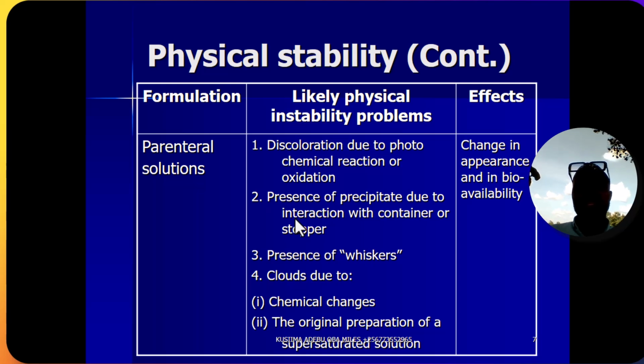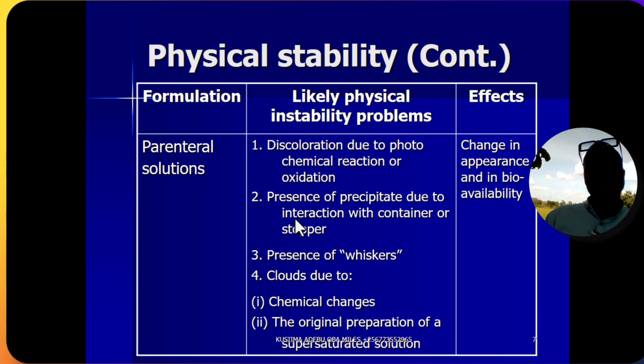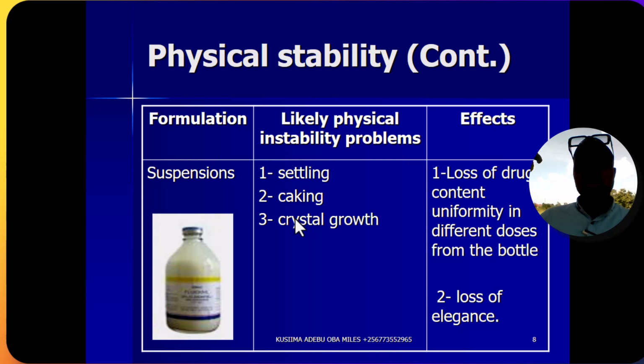Then for parenterals, there may be a change in bioavailability: the fraction of the drug found in plasma or in blood after administration may change, and the rate of absorption may also change due to changes in physical aspects.